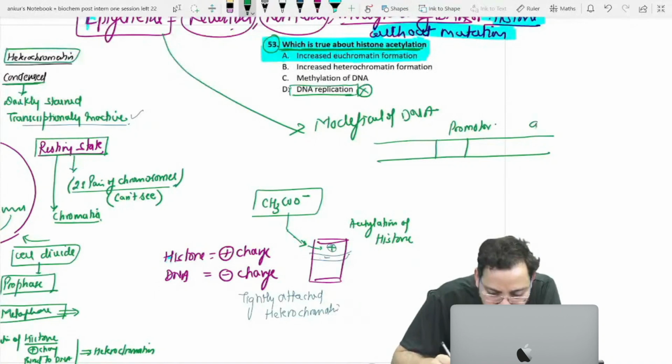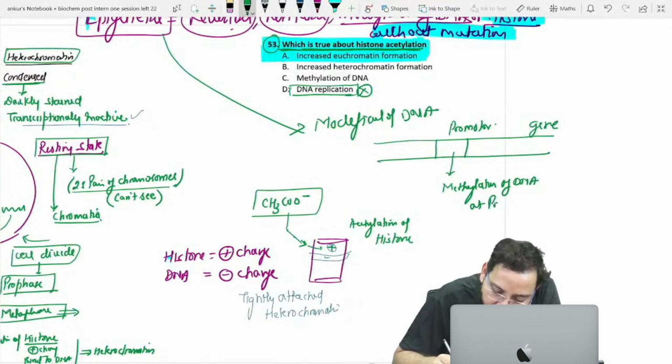Now, modification of DNA. Suppose this is a gene, and this is the promoter area of a particular gene. What I did was methylation of DNA at the promoter region.